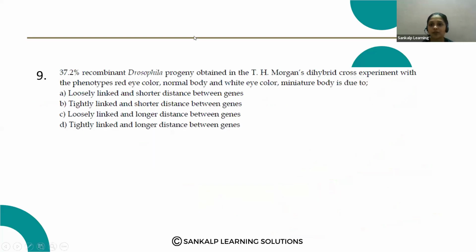Next question. This question is from the model question paper. 37.2% recombinant Drosophila progeny obtained in T.H. Morgan's dihybrid cross experiment with the phenotypes red eye color and normal body, and white eye color and miniature body, is due to what?